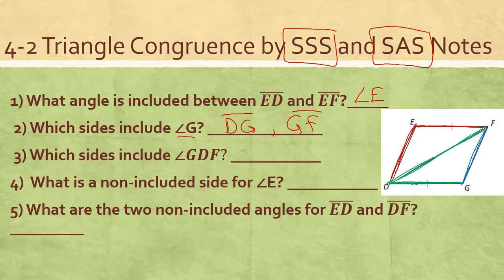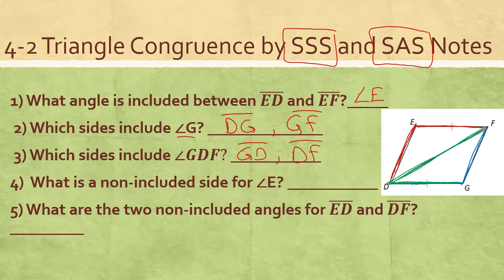Which sides include angle GDF? Well, that would be, again, the sides GD and DF. It's important you understand what we're talking about here. When I talk about two sides, those two sides in a triangle are going to make an angle. When I talk about an angle, it takes two sides to make it.